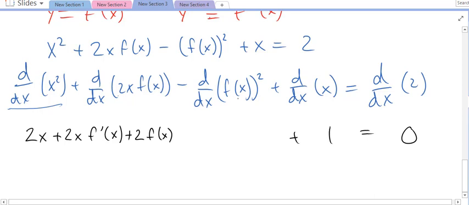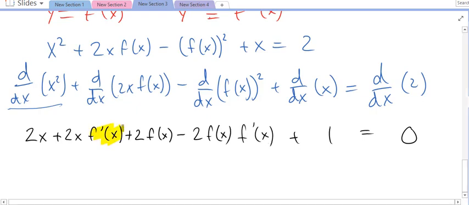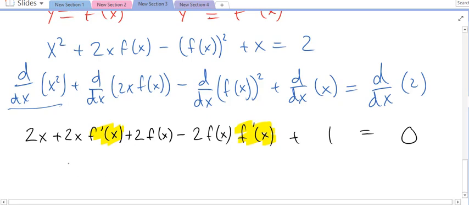And then on the second bit, we've already done one like this with f of x squared, so we bring that 2 down times f of x, and then we take the derivative of the inside, and we get f prime of x. And we get this equation equals 0. And again, we want to solve for f prime of x. So I want to get the f prime stuff together on one side. That means I'm going to start by subtracting the terms that don't have an f prime.